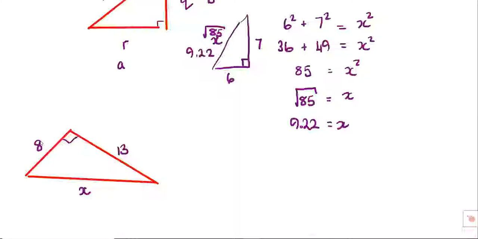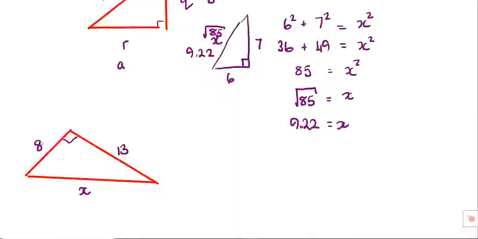Just turned it a bit, yeah? So we've got to be careful. This is where some people made mistakes. Not everyone made this mistake, but some people did. We turn the triangle round and suddenly the hypotenuse changes.